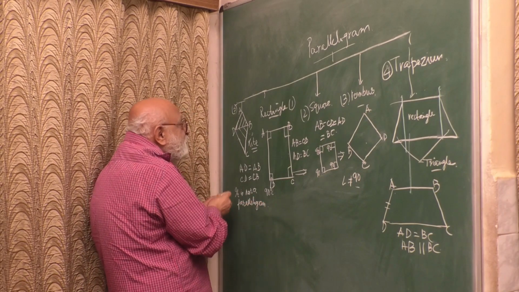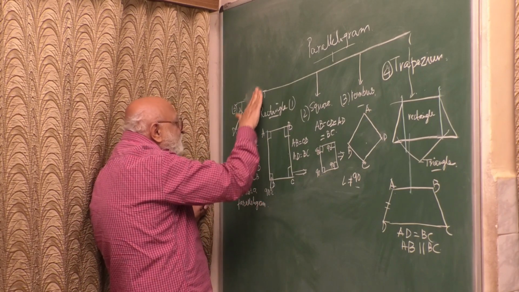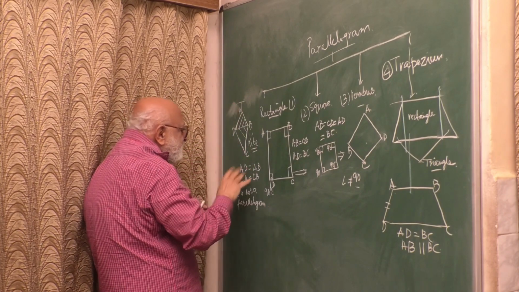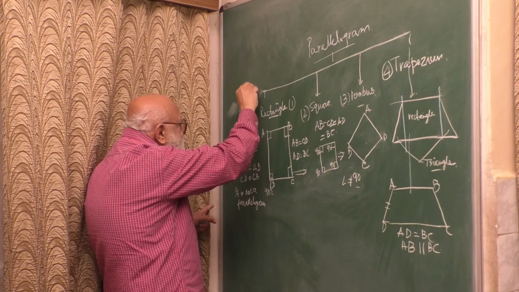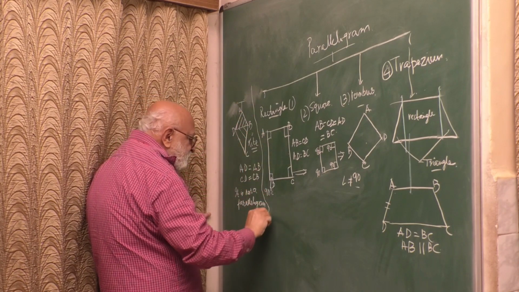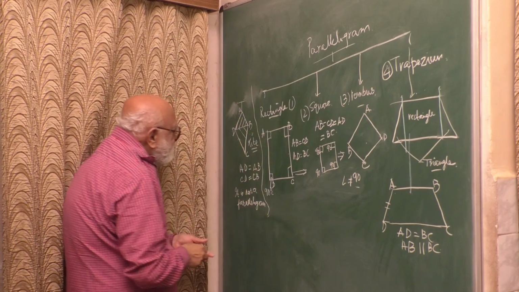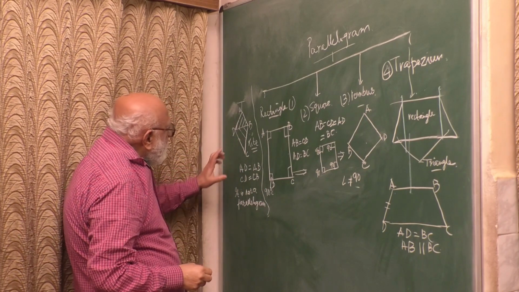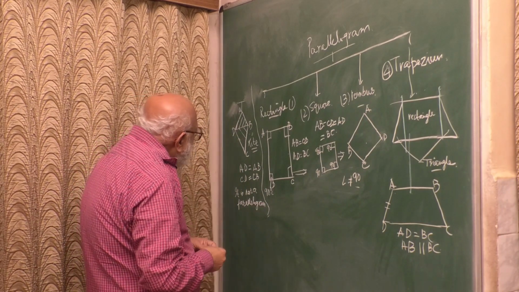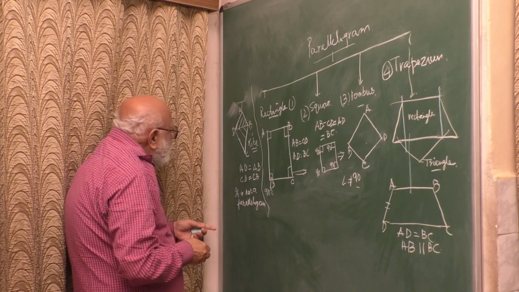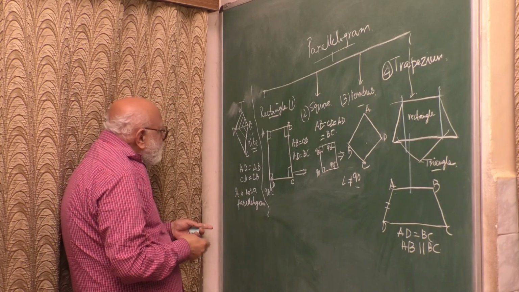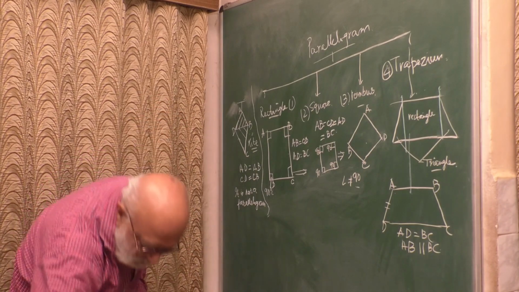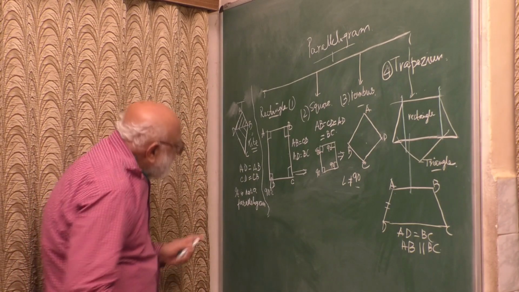I should not write this as part of a parallelogram. I will identify it as a separate entity, which is technically correct, because the opposite sides are not parallel. You can only say that the adjacent sides are equal, because instead of drawing it in this fashion, I could have also drawn it like this.